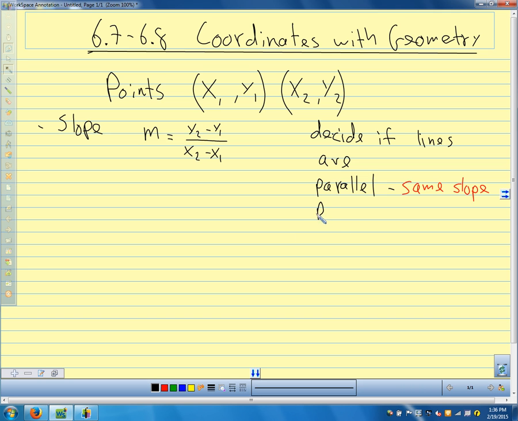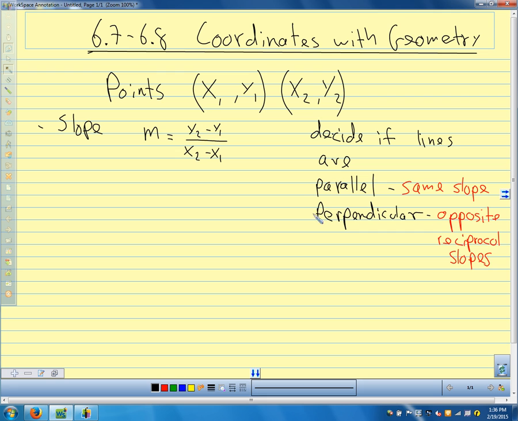We can decide if those segments are perpendicular. How do slopes help us decide if two segments or two lines are perpendicular? Opposite reciprocal. So the slopes being opposite reciprocals means we flip the fraction and change the sign.